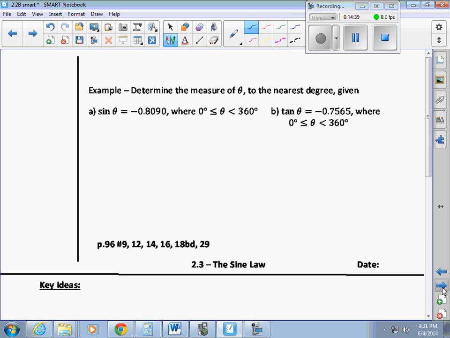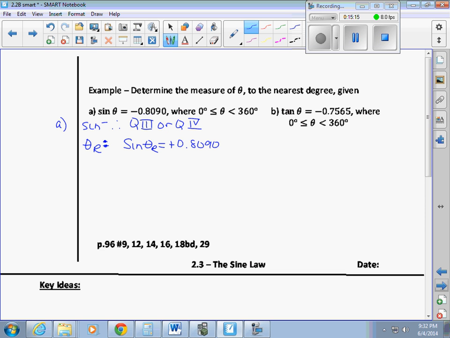So we know that this is a sine ratio. Sine is negative. So that means sine is negative in quadrant 3 or 4. To find out what our reference angle is, you write this as sine of reference angle is equal to just a positive 0.8090.